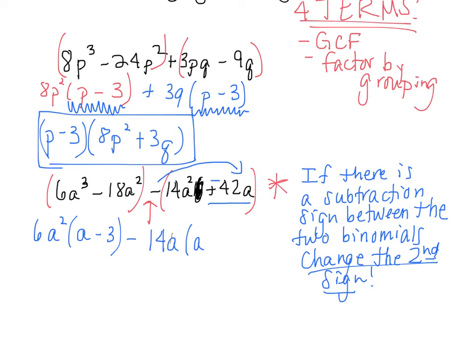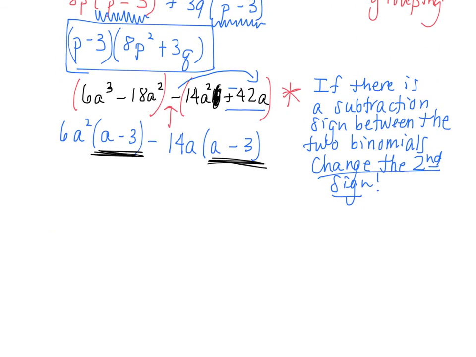That's leaving me with an a minus 3. And again, what we notice is that whatever was in our sets of parentheses is exactly the same, and that is our goal. So I'm going to factor out what's the same, which is a minus 3, and I'm going to write down what's left over, 6a squared minus 14a.